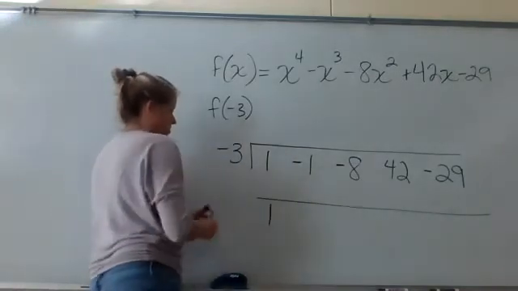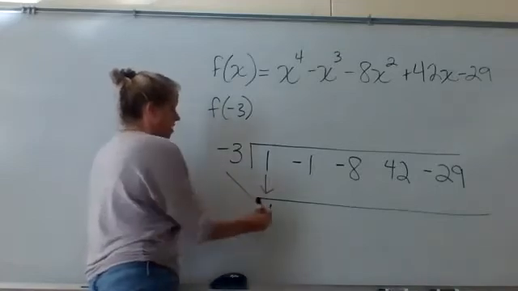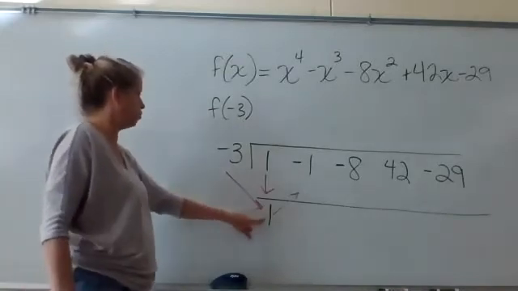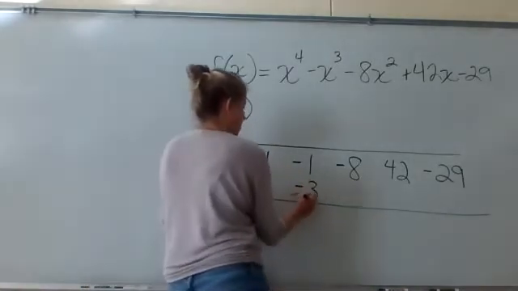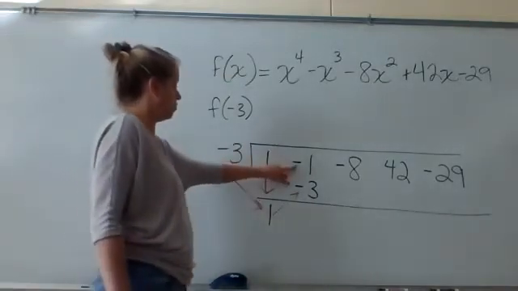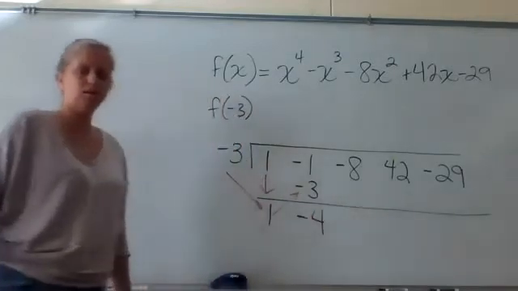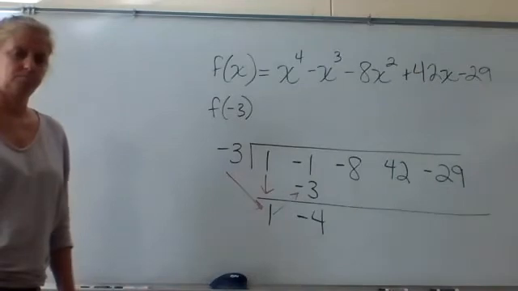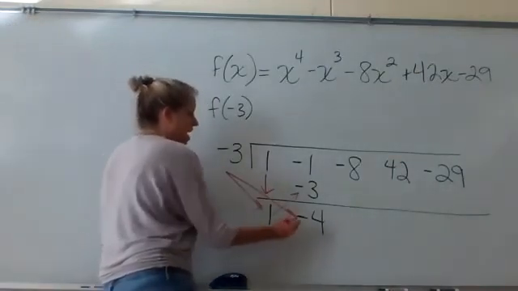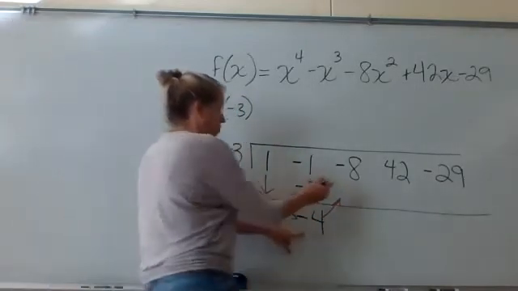Drop down your 1 and multiply. -3 times 1, put your answer here. -3 times 1 gives me -3. -1 and -3 gives me -4. -3 times -4 gives me +12.